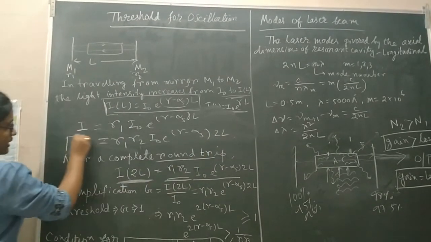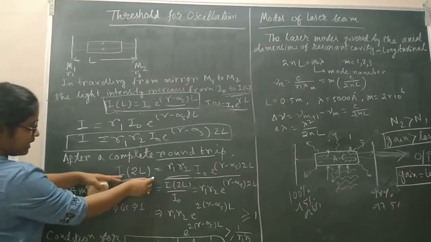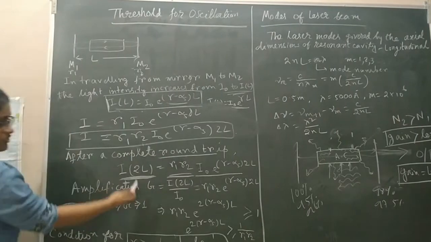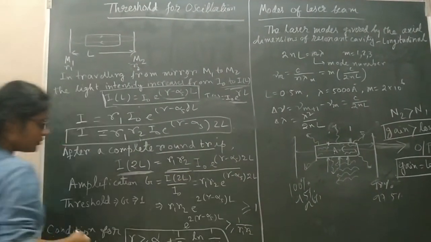So after the complete round trip, where the light has traveled a distance 2L, the light intensity will be R1 R2 I0 e to the power gamma minus alpha s, times 2L.